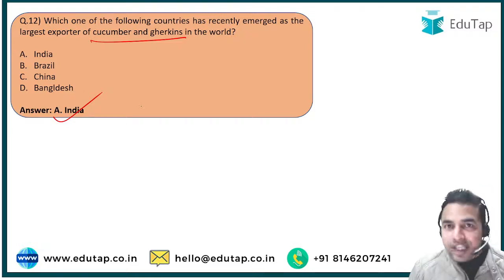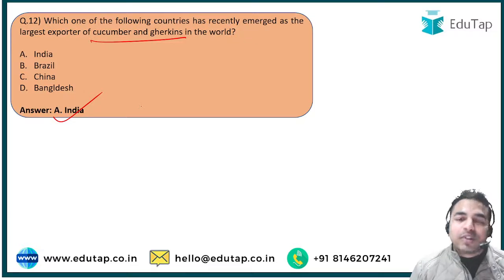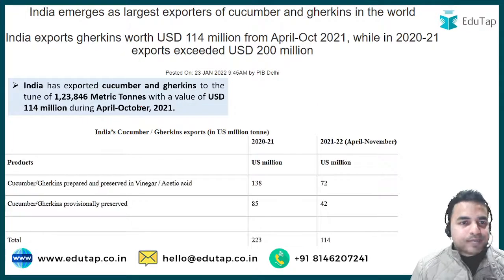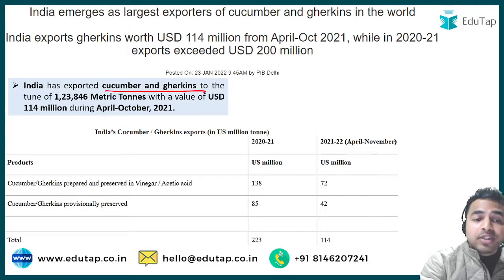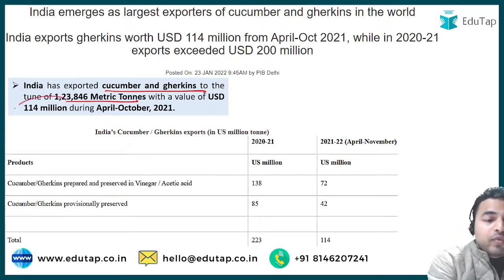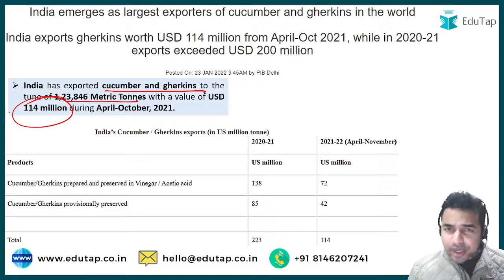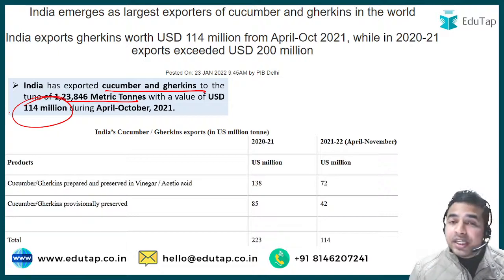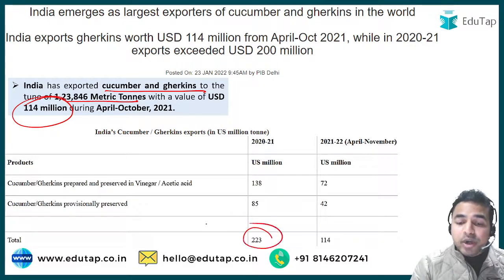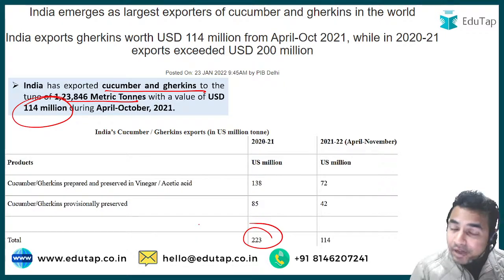India has recently emerged as the largest exporter of cucumber and gherkins in the world. India has exported cucumber and gherkins with a value of 114 million US dollars. And you will be surprised to see that India also crossed the 200 million USD mark in the previous financial year.